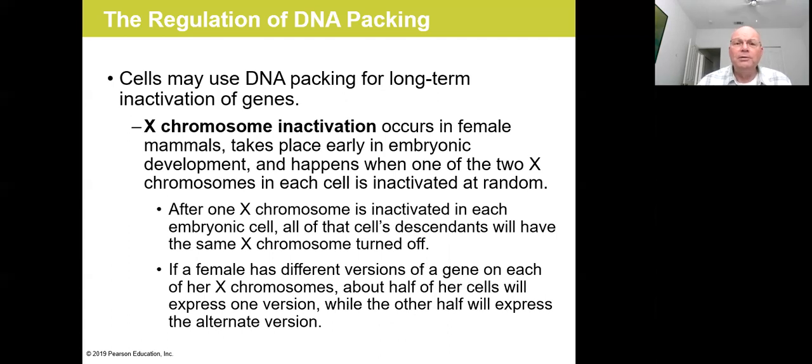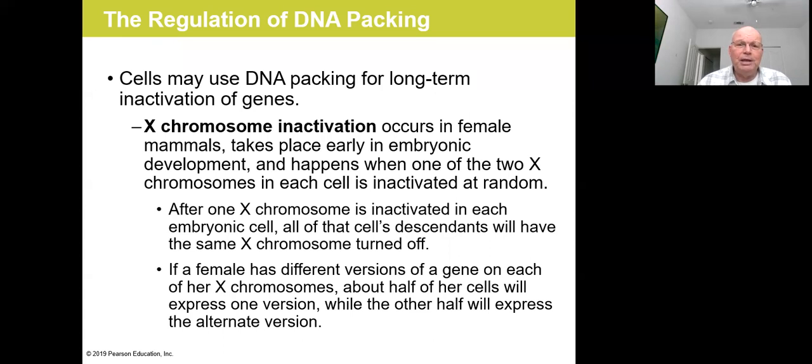So very early on in the development of a female mammal fetus, and this includes humans, 1 of the 2 X chromosomes in every cell undergoes an extreme condensation event, and it creates a structure called a bar body. This is a very, very tightly packaged X chromosome that is so tightly packaged that it never unpackages again, and that X chromosome is permanently inactivated.